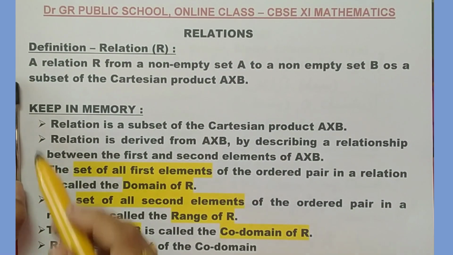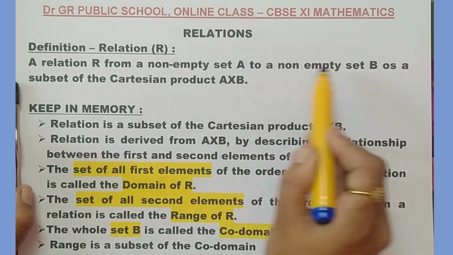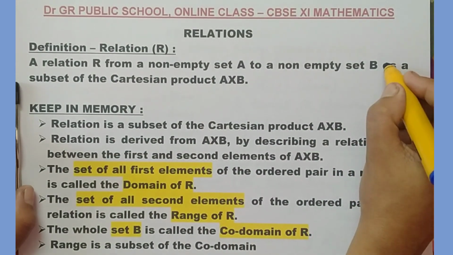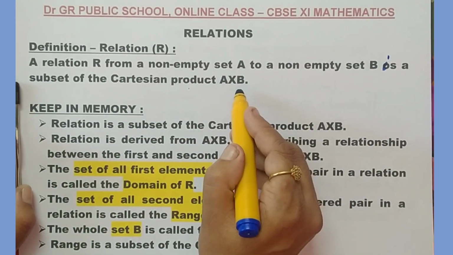Note these points. A definition of a relation. A relation R from a set A to a set B is a subset of the Cartesian product A cross B. This is very important.